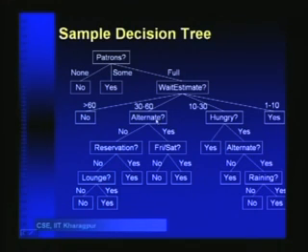Then again, if your wait estimate is between 30 to 60, you look for an alternate, and if there is an alternate, then you look whether it is Friday or Saturday, because if it is Friday or Saturday, then you may have the same situation in the other restaurants as well. So the decision will be to stay here. Otherwise, if it is not Friday or Saturday, then you are more likely to get a place in some other restaurant, so you just walk out.